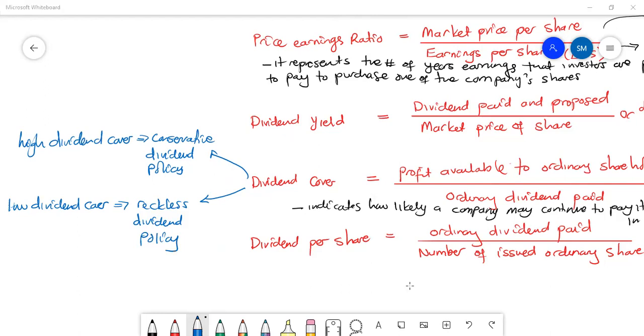And we said that with a high dividend cover, the company will be able to maintain dividends to ordinary shareholders at the current level, or even lower. So I guess that those are some of the key cues you need to know.